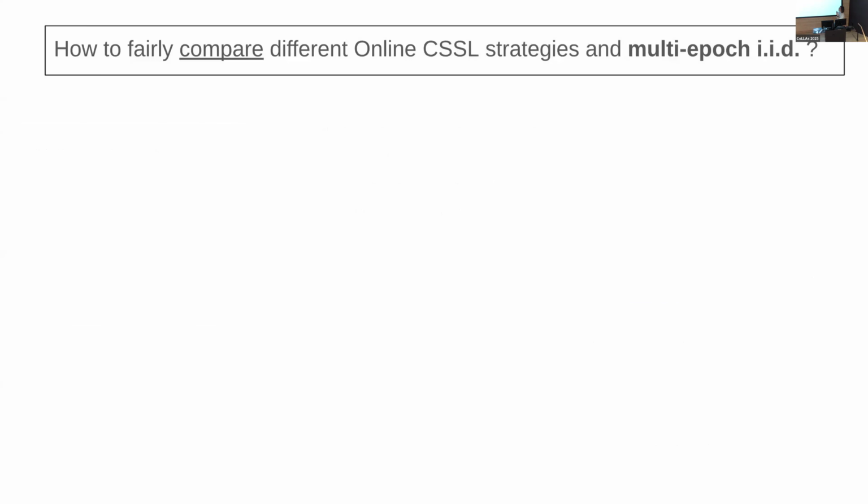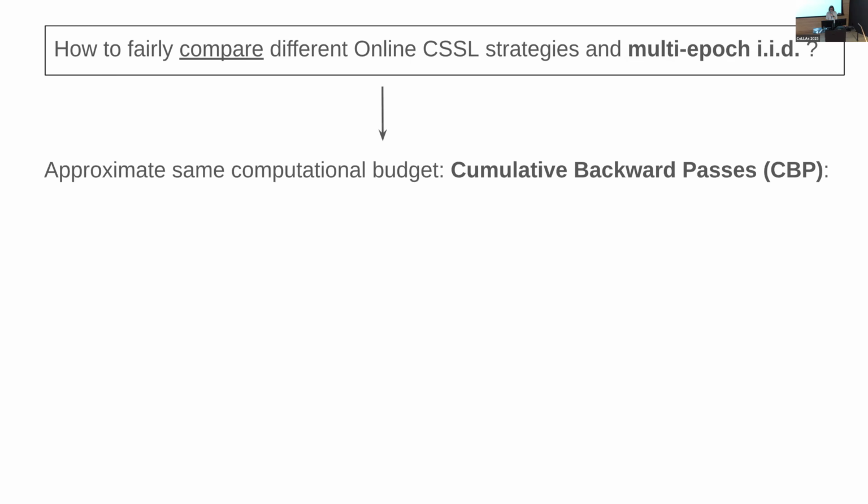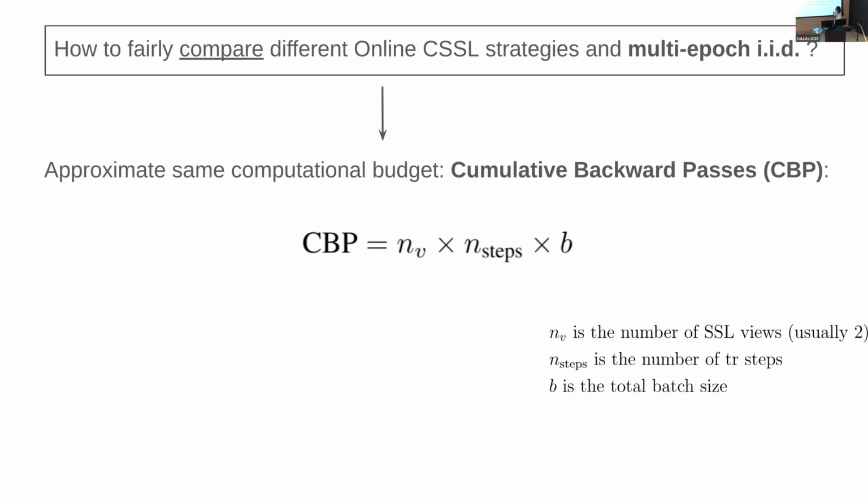So moving on to evaluation, a problem that we face is how we can compare different online continual self-supervised learning strategies amongst them, and especially against an IID offline baseline. The fact is that, as we have seen, the limited computational budget is an important constraint and has to be considered. So we tried to approximate the computational budget using a novel metric, which is quite simple, actually.